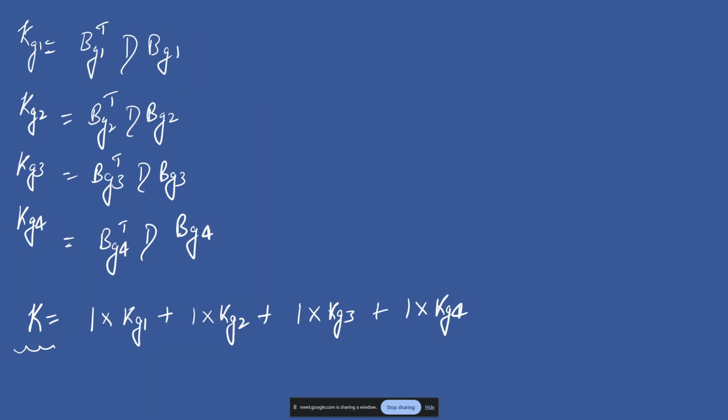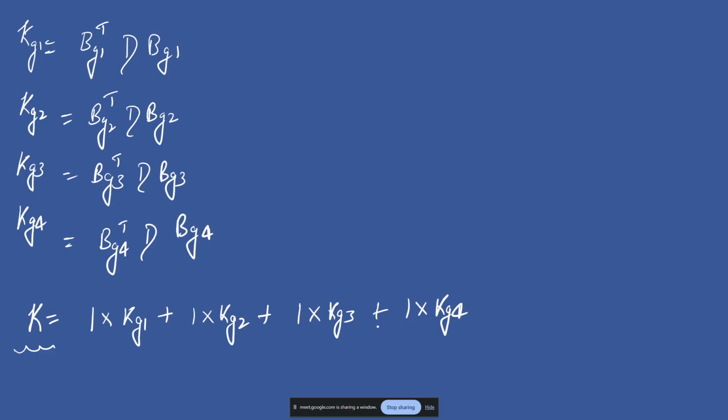Once your stiffness matrix is formed after summing up the four stiffness matrices corresponding to the four Gauss points, you need to show the k45 element.